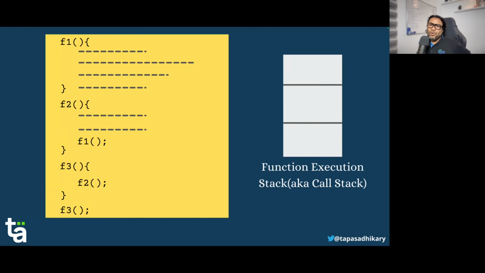This is how your call stack, or the function execution stack, keeps track of each of the function executions. Depending on how the functions are wired up, whether one function is calling another function or functions are independently getting called, the execution flow in your stack will be different.